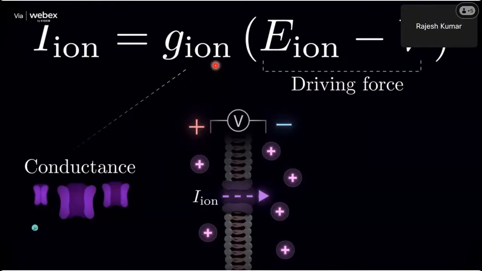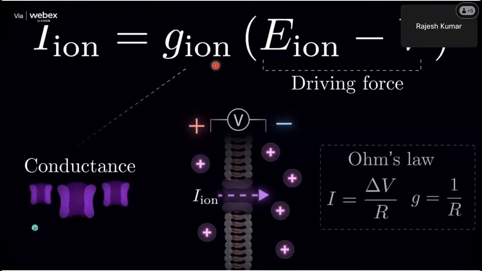We know that conductance is a property that controls how the current flows through it. So it is equivalent to Ohm's law: I is equal to V by R, and we can represent G as the inverse of R. That is basically the structure there.